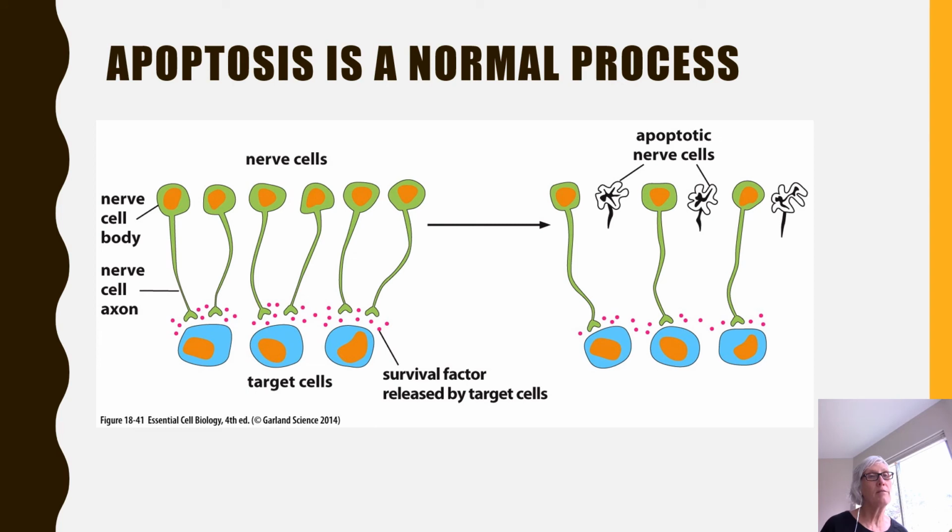Apoptosis is very critical in the development of the central nervous system. Remember, we were talking about later on in nervous system development when the brain sort of remodels itself such that certain nerves are retained and other nerves go away.